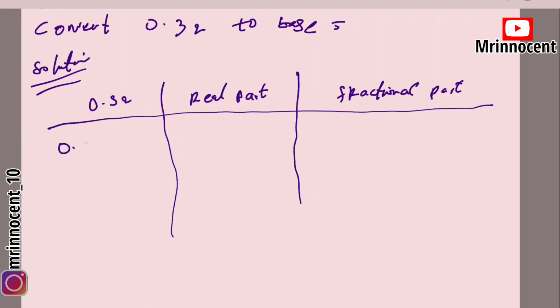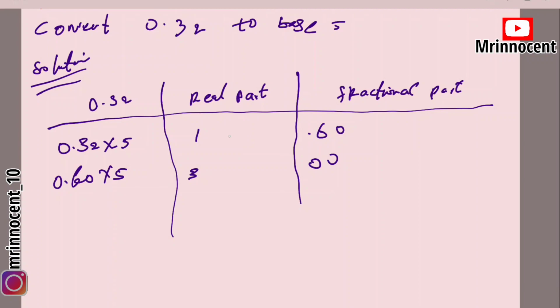0.32 times 5 equals 1.6, so 1 is the real part and 0.6 is the fractional part. 0.60 multiplied by 5 is 3.00.